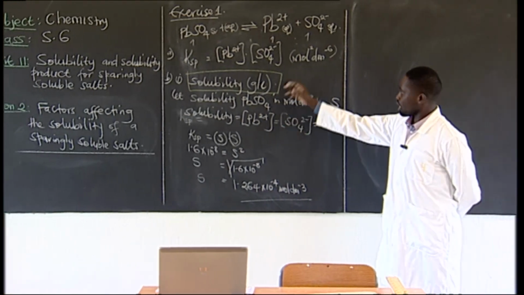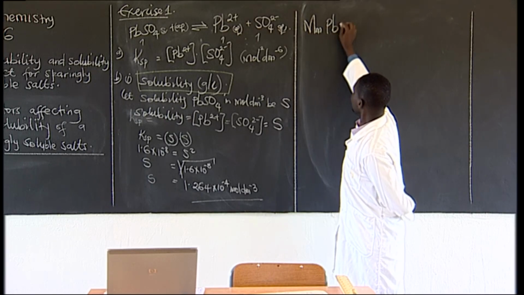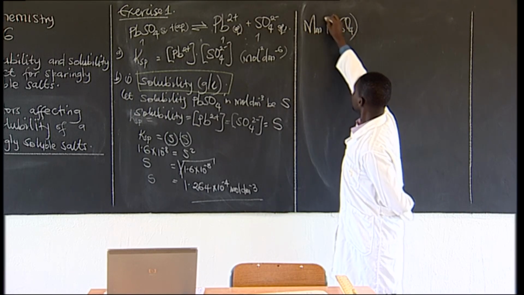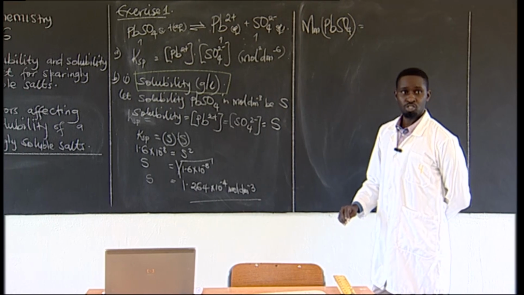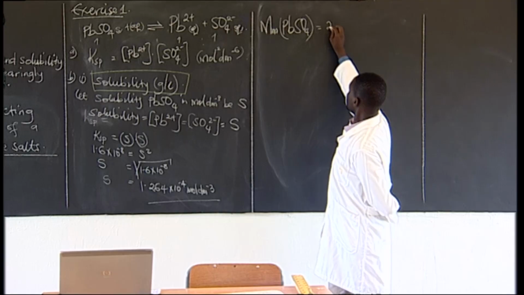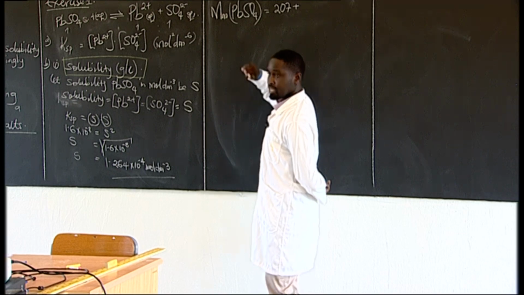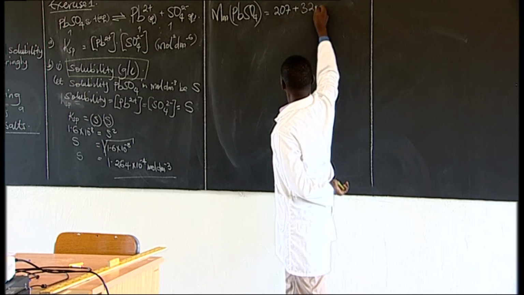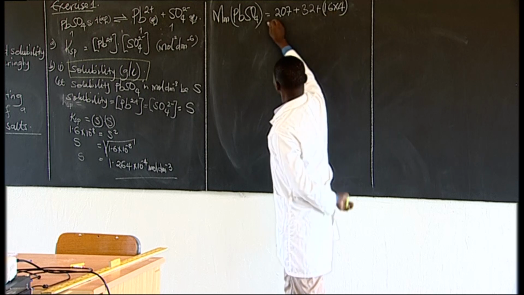To change it to grams, we need the molecular mass of lead sulfate. How do we get the molecular mass? Lead is 207, which has been given to us. The sulfur is 32, oxygen is 16, but there are 4 atoms.